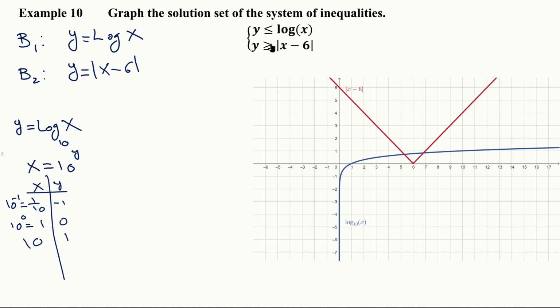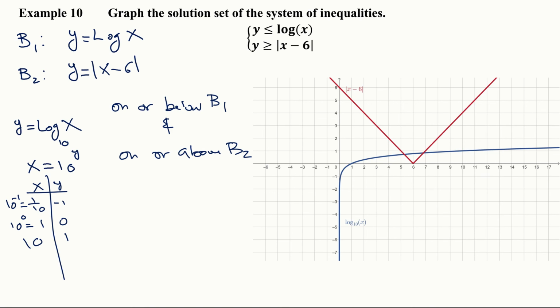All right, so where are we going to look? Because of the less than or equal to here, we want to be on or below B1, and because of the greater than or equal to, we're going to want to be on or above B2.